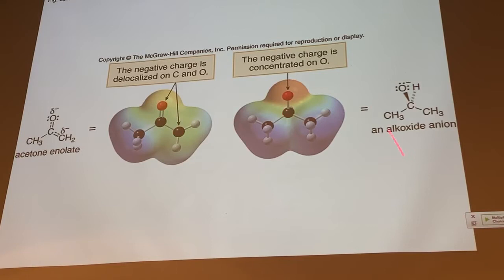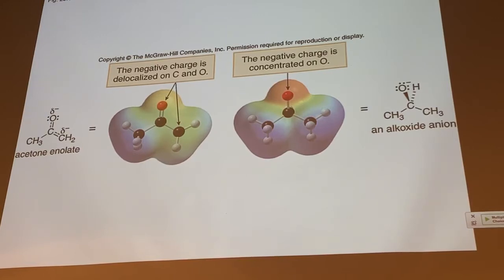And you contrast that to an alkoxide, where the negative charge is localized on the oxygen, concentrated on the oxygen. We have dark red in that case. So this electrostatic potential map here shows us the delocalization of the negative charge in an enolate, but it also shows us that the partial negative charge on the oxygen is closer to 1. The partial negative charge on the carbon is closer to 0. Okay? Any questions?